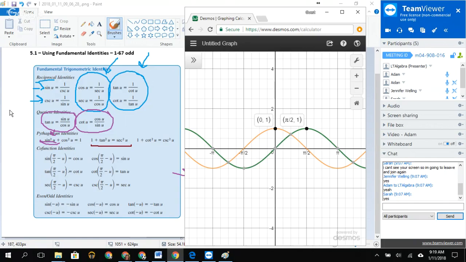We can do the same with our tangent and cotangent and our secant and cosecant functions. They all have this relationship, where we can shift one to evaluate what the other function is.